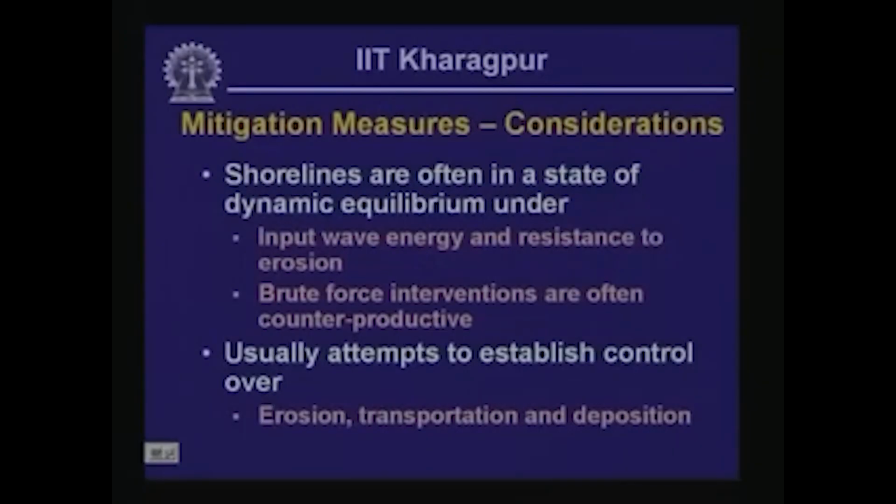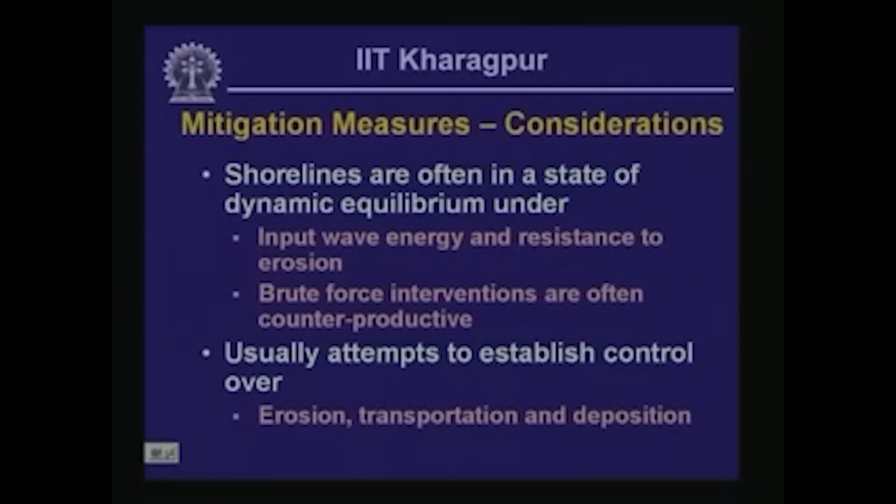So what we have to ensure during identification of these mitigation measures is that we want to disturb the balance by as little as possible. So that is really the second point under the first main point, which is that brute force interventions are often counterproductive.